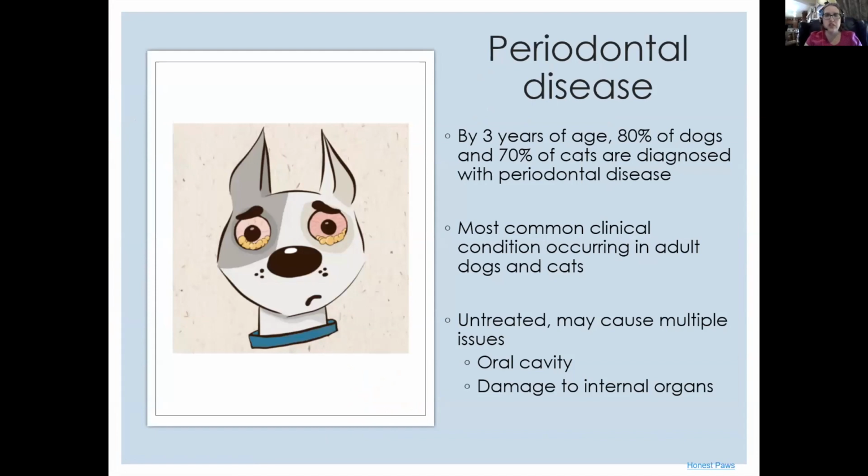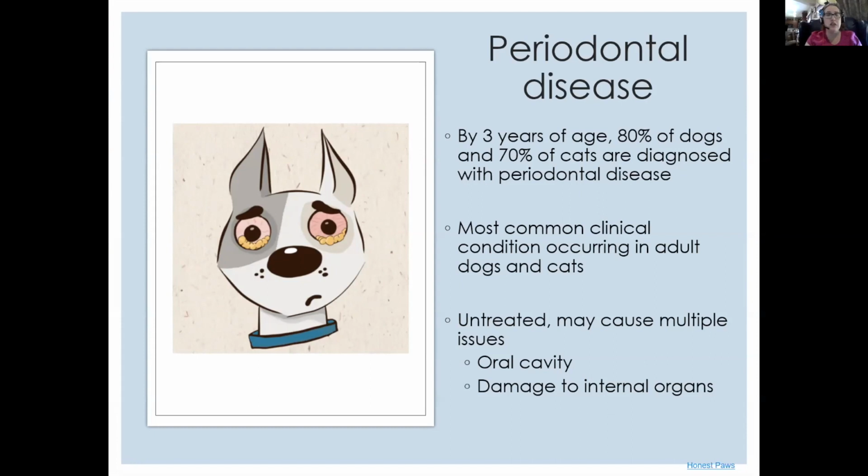It's interesting to note that studies have shown that by 3 years of age, 80% of dogs and 70% of cats are diagnosed with some level of periodontal disease. It's also going to be one of the most common clinical conditions that we see as veterinarians that occur in adult dogs and cats.